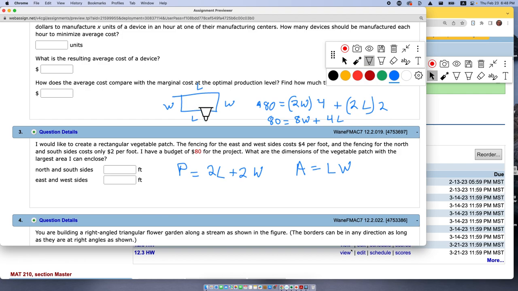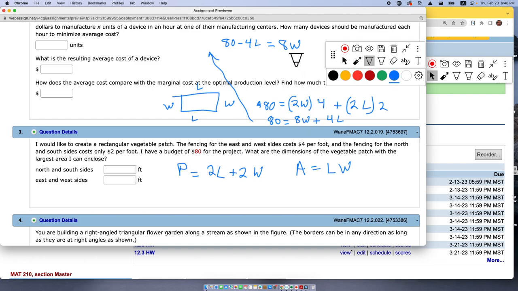I didn't give myself a lot of room, so I'm going to go back up here. So this is now going to be 80 minus 4L, right? Because I subtracted 4L from both sides, so the 4L is gone, equals 8W. Is that clear? Do you see what I did? I just moved that 4L over to the other side, so it becomes negative.